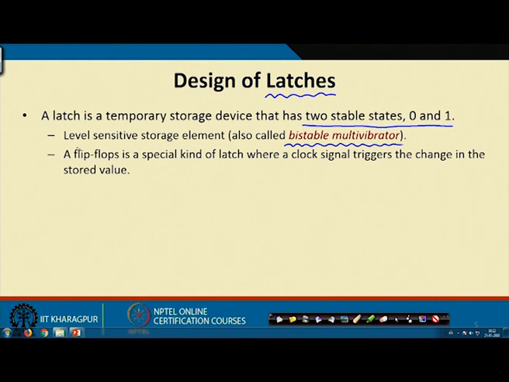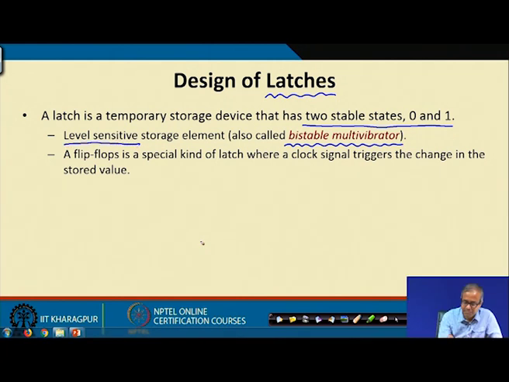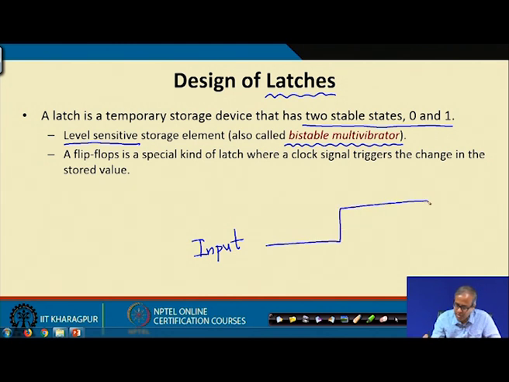And latches are level sensitive, meaning suppose I am applying some input. When I am applying input, let us say I have applied a 0 or a 1. When I am applying a 0, I am applying a continuous 0. When I am applying a 1, I am applying a continuous 1.